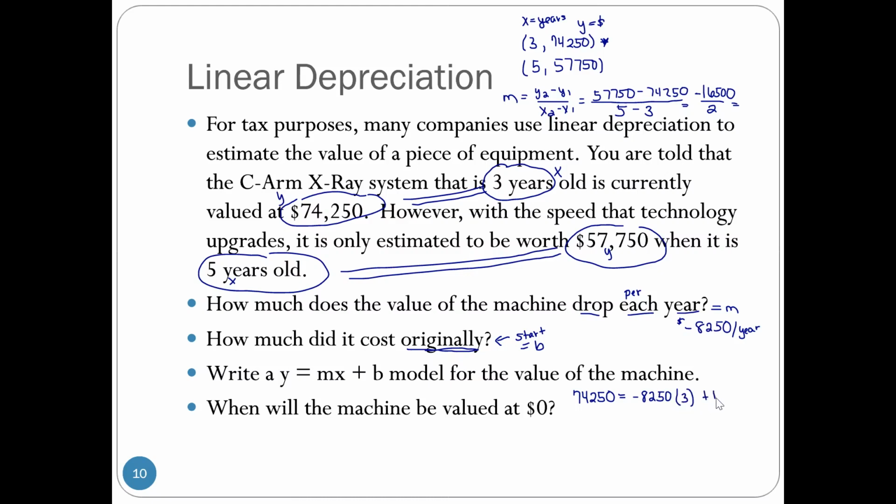plus b. And so the first thing I did is I did the multiplication. So I have 74,250 equals negative 24,750 plus b. And then one step of algebra, so I need to add this 24,750 to both sides.